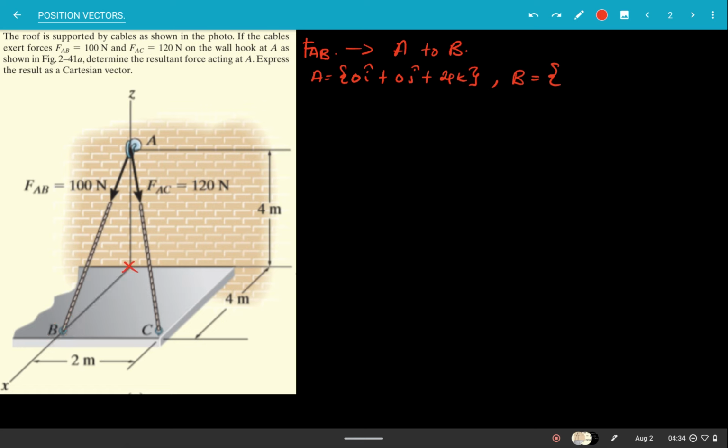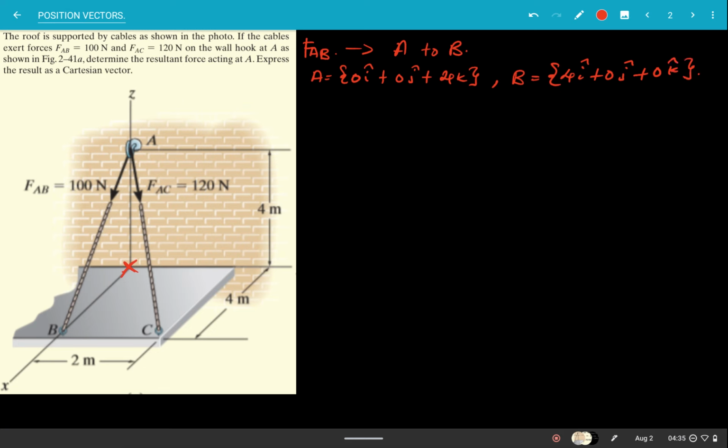It's not acting in the Z and it's neither acting in the Y. So this is going to be only in the X. If you look from the reference to point B, the position is literally 4 meters. So this is going to be 4 in the I plus 0 in the J plus 0 in the K.